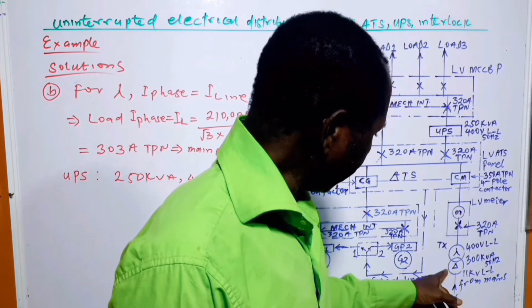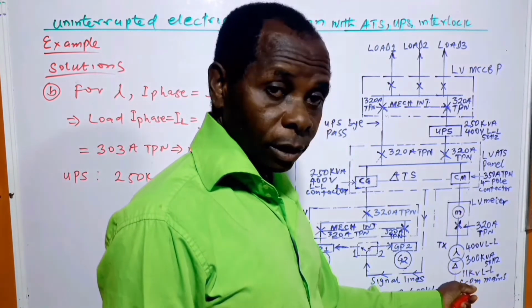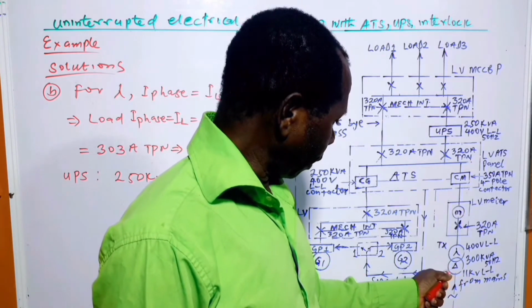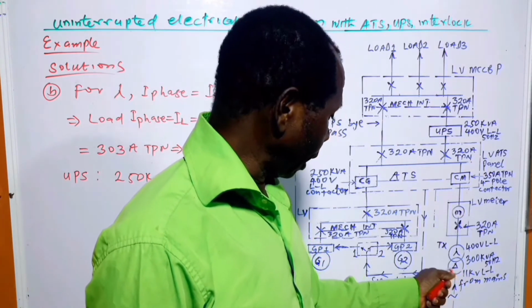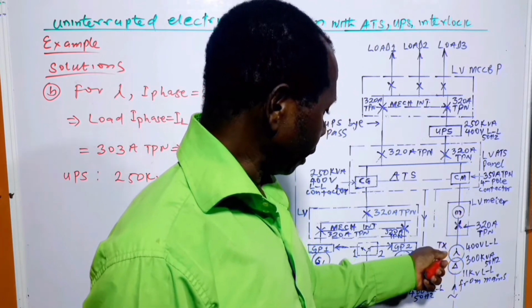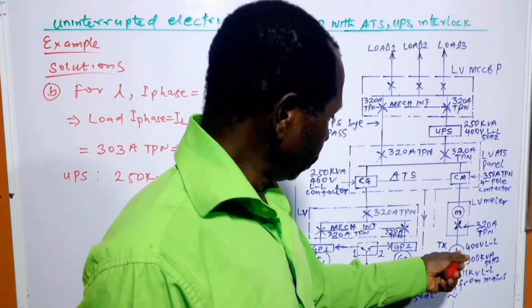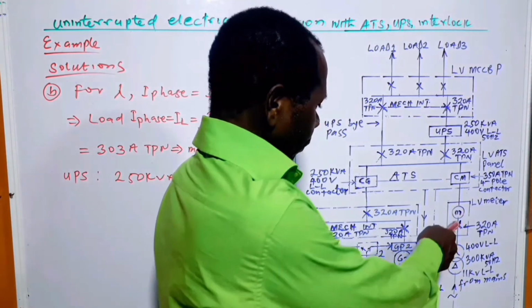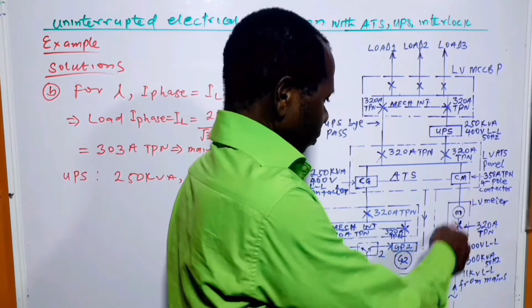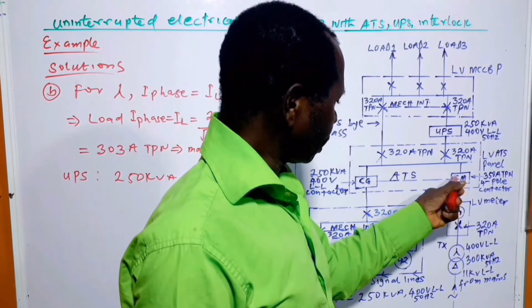So here we have the transformer, 11 kV, the primary winding being connected in delta. Then we have star here for the secondary winding. From here we go to the energy meter, and from the energy meter we come to the CM.